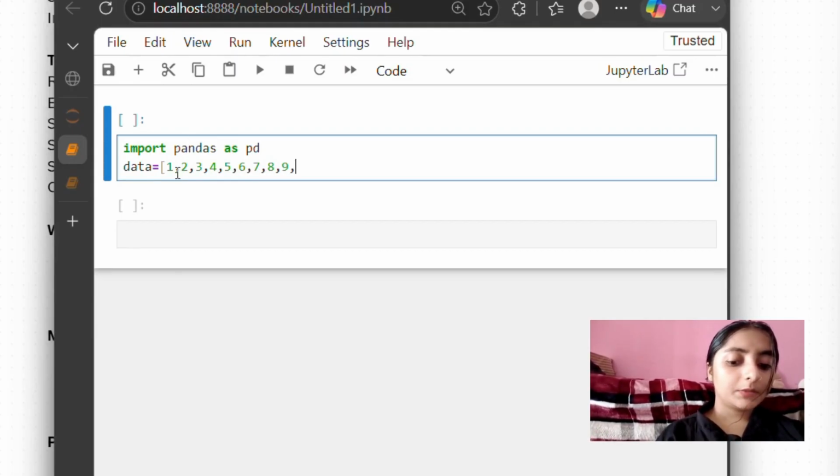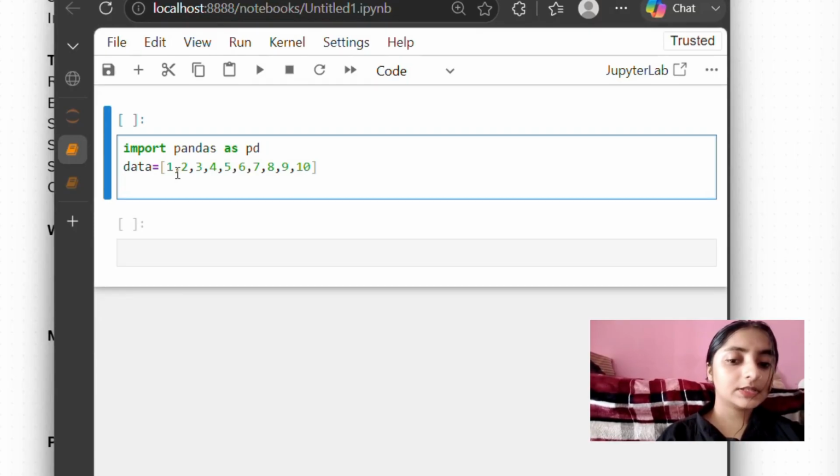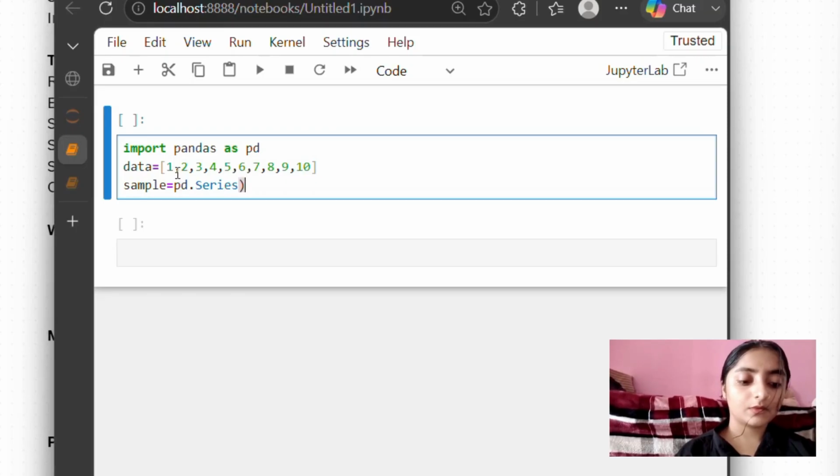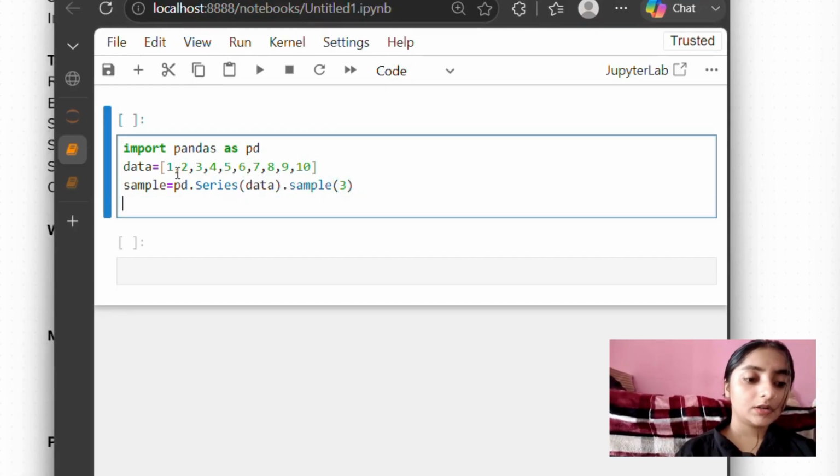So this is the data I'm taking. Now I will take a sample. Sample is equal to pd.Series of the data sample of 3. We'll take a sample of 3 and print the sample.